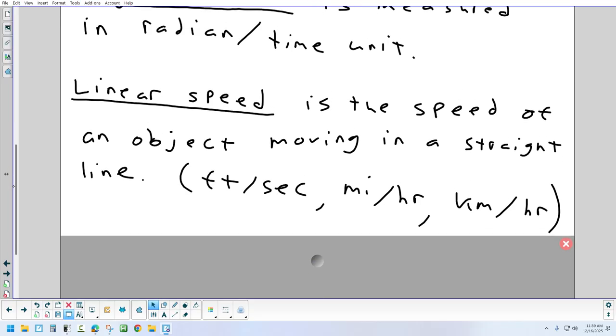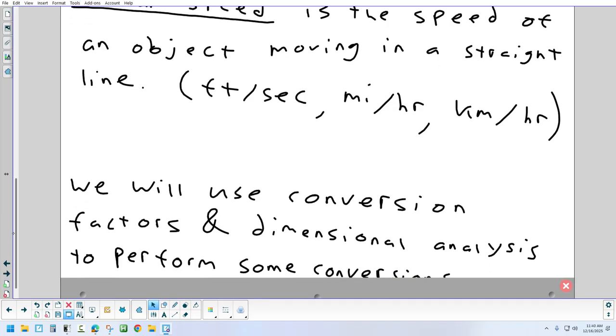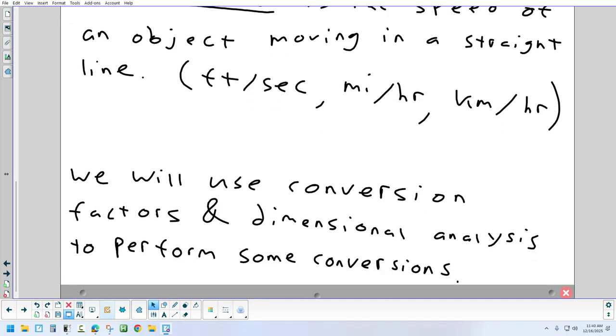So now we're just going to practice a few conversions. In order to convert between different units, we're not going to use anything really fancy for formulas. We're going to use what's called dimensional analysis, and we'll cancel out the units that we don't need. There are certain conversions you need to know. So conversions you need to know would be how many seconds in a minute, minutes in an hour, hours in a day, days in a year.